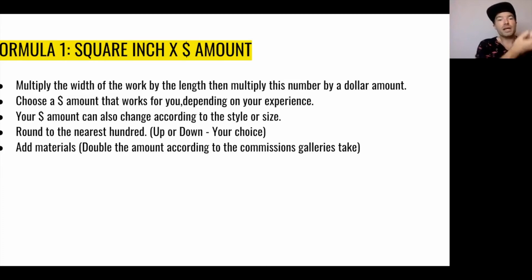The way it works is you multiply the width of the work by the length, then multiply this number by a dollar amount. You choose a dollar amount that works for you depending on your experience. So if you're starting and you say, I'm going to charge $1 a square, or $2, this is your decision when you're starting.